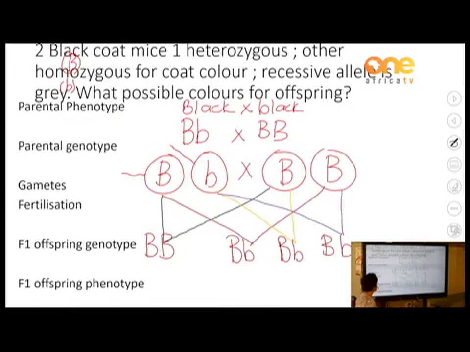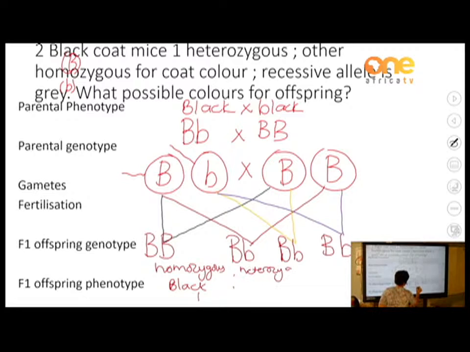So the genotype will be one homozygous black, and then there are three heterozygous black.